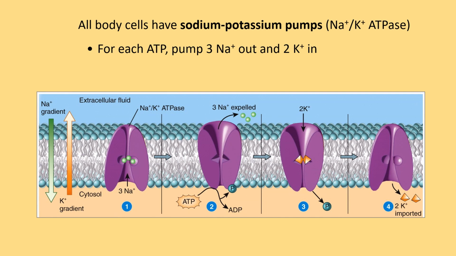Pumps are also referred to as ATPases, meaning they're enzymes that have the ability to cleave ATP into ADP, releasing energy in the process. And the energy that is released drives a shape change in the pump, a conformational change in the protein.